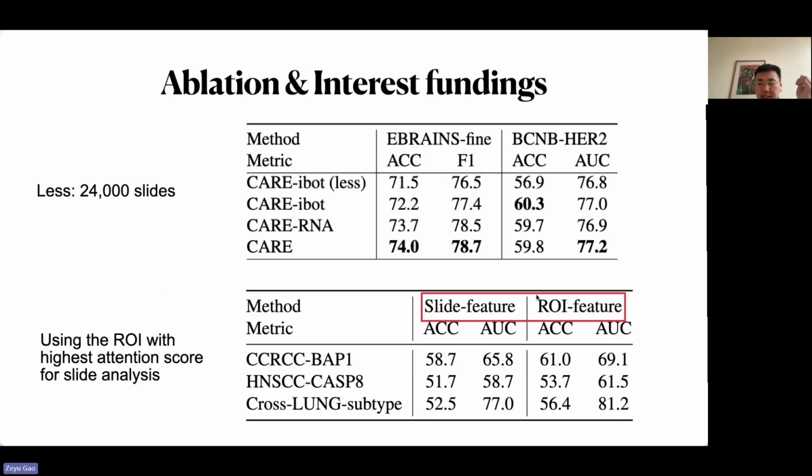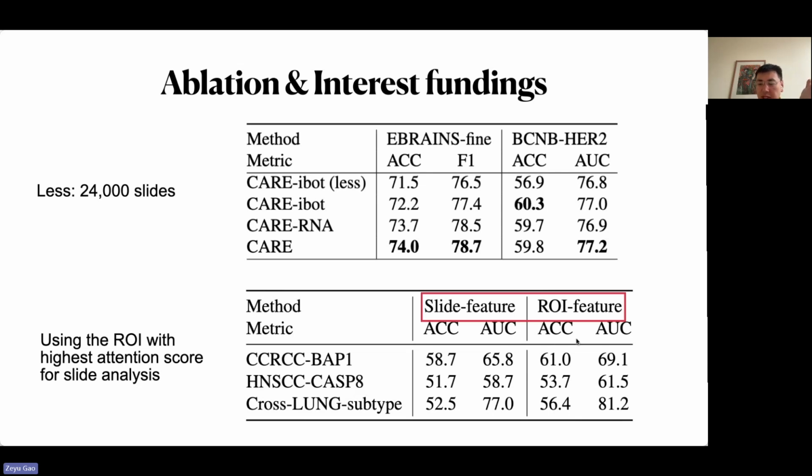And the interesting thing we find is CARE can provide you region of interest level embeddings. And some of the tasks are actually about very fine grained classification or mutation prediction.